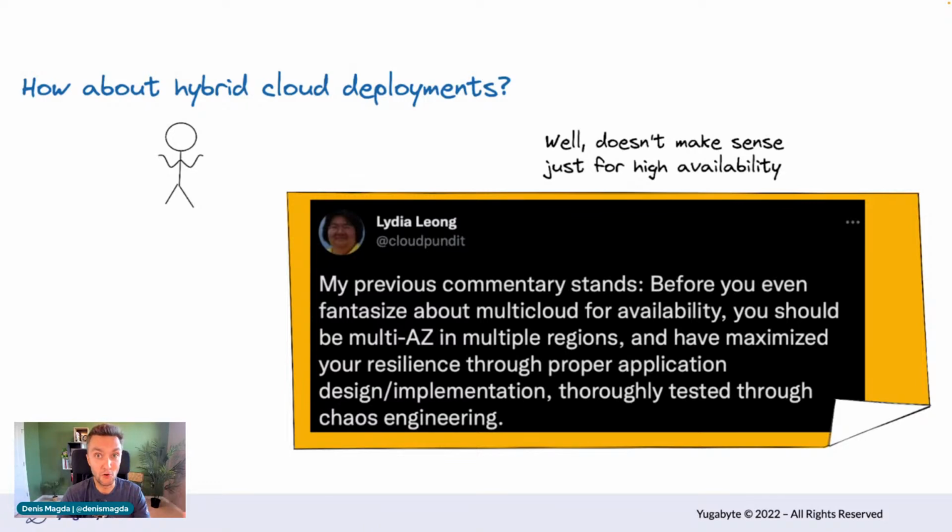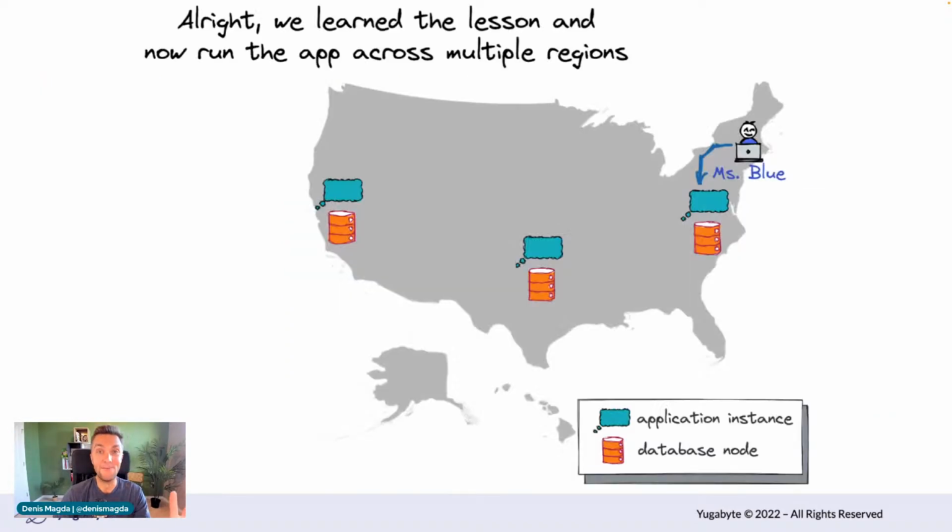If a snowstorm brings down the power grid in one of the states, then all of the regions of any cloud provider in that state will be down, right? Doesn't matter whether you run on AWS or Microsoft Azure or Google Compute Engine, everyone will be impacted, right? So now, we as startup founders who created that Slack-like messenger, we learned all this information.